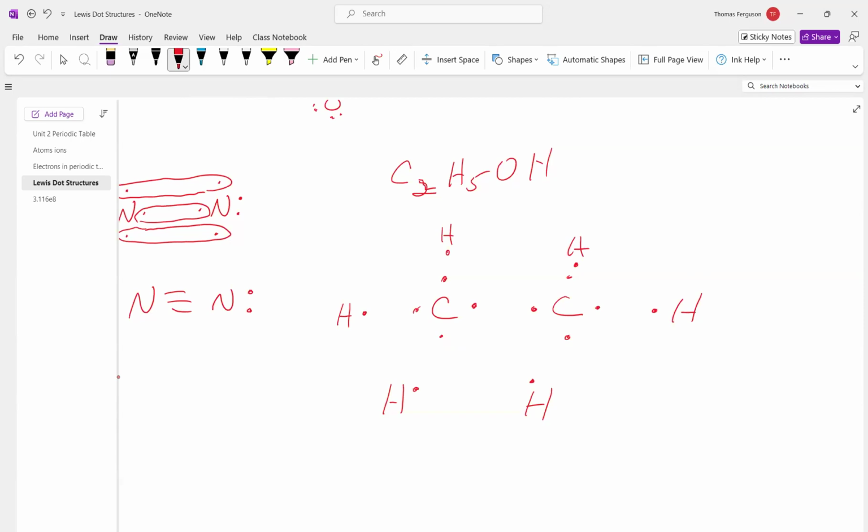And we also have an oxygen there. Okay, so that's step 1. Step 2, connect everything up with a single bond.